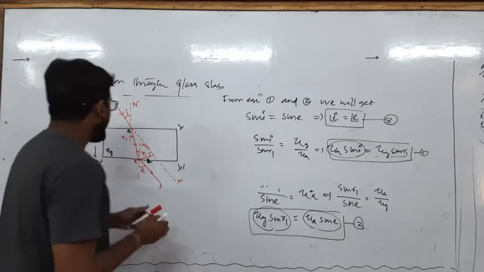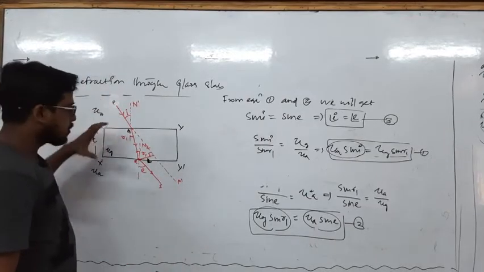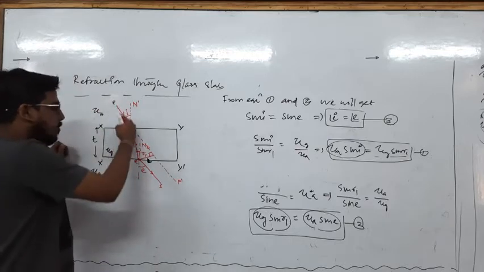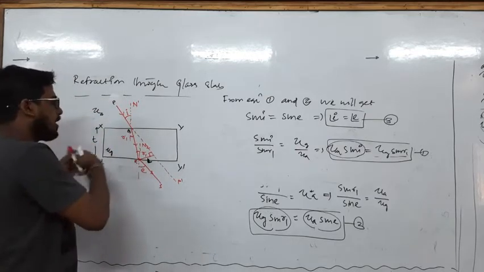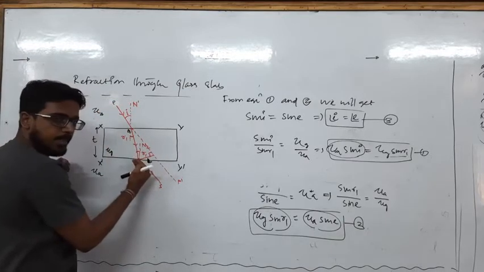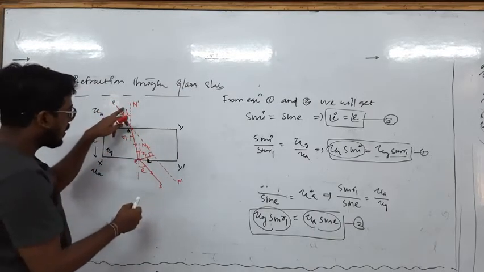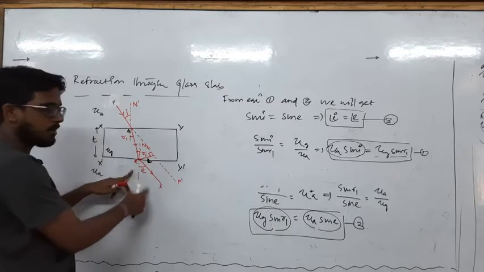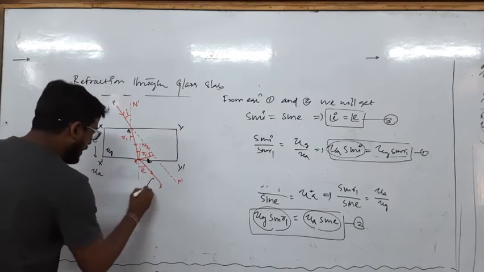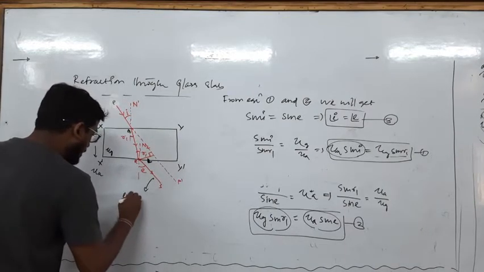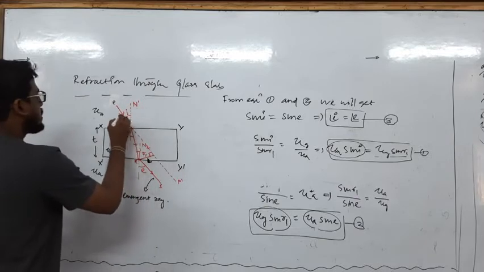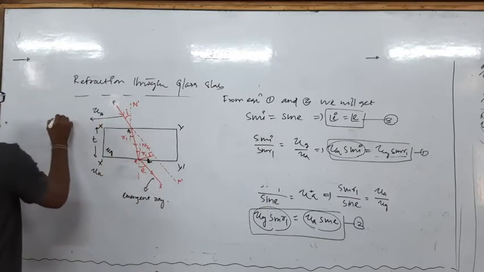Clear? So when a light ray passes through a parallel glass slab, through any two parallel interfaces or any two parallel faces, then the light will get laterally shifted, and for this the angle of incidence is equal to the angle of emergence. Where RS is known as what? Emergent ray. This ray RS is known as the emergent ray, and this PQ is known as what? Incident ray.